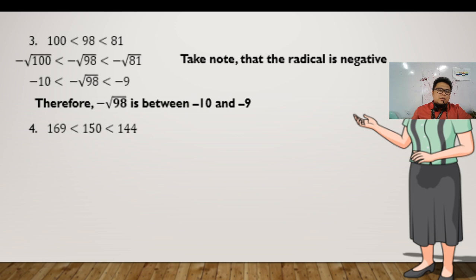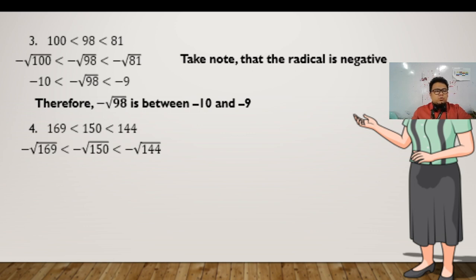We put a negative square root on every number: negative square root of 169, negative square root of 150, and negative square root of 144.